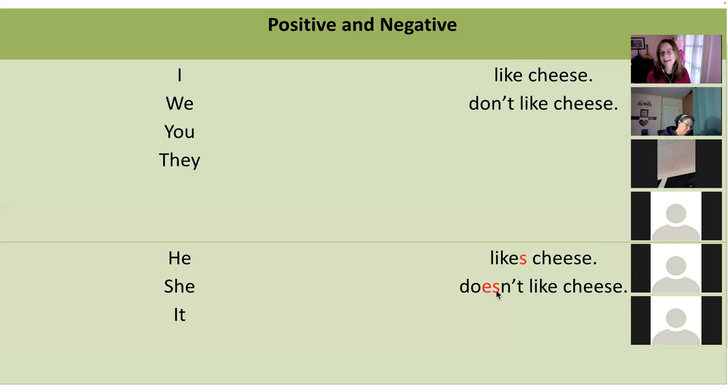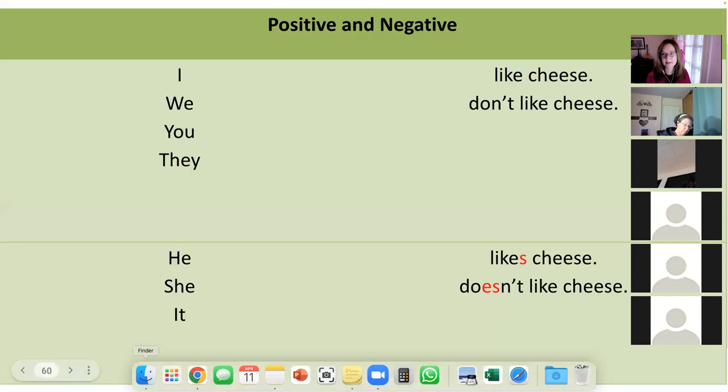So here the S goes in the first verb, does, so that's short for does not. We still have an S in the negative, but it's not on likes, it's on the first verb. So that's important for them to know that if there's more than one verb in the sentence, the S will typically go on the first verb, not the second one.